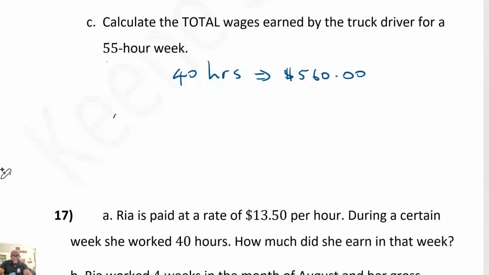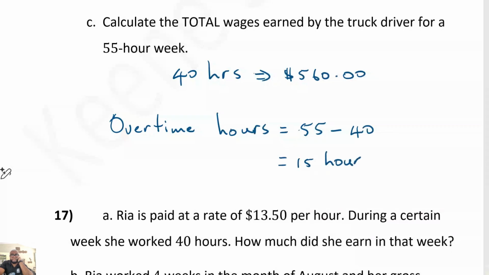If the basic hours is 40, how many would be the overtime hours if he worked for a total of 55 hours? 55 minus how much was our basic week? How many hours did he work for a basic week? 40. So this will be equal to 15 hours.